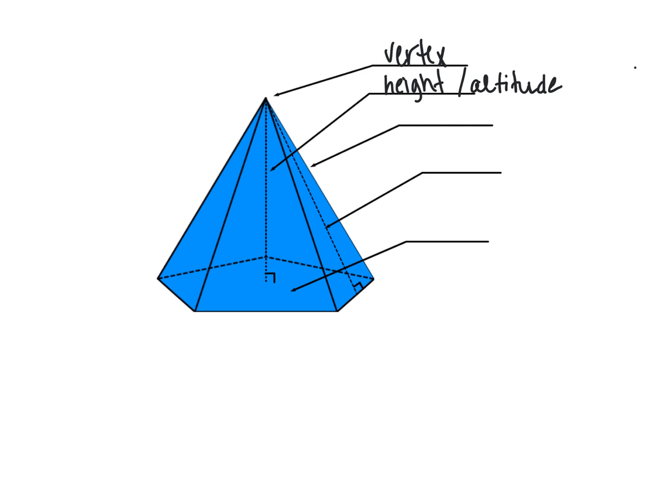The next line down refers to where those triangle faces intersect. That's another point to make. All these faces are going to be triangles. Okay, so it's where the triangle faces are intersecting. That's called an edge. So maybe make a note that all pyramids have triangle faces.